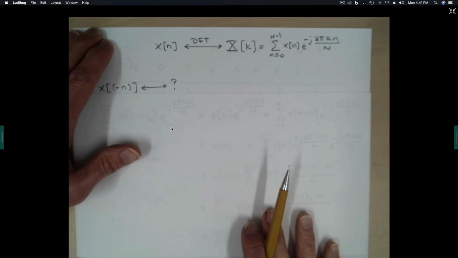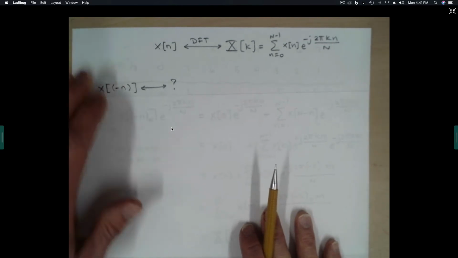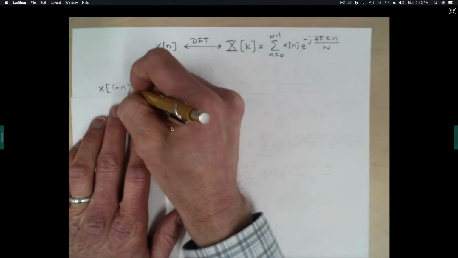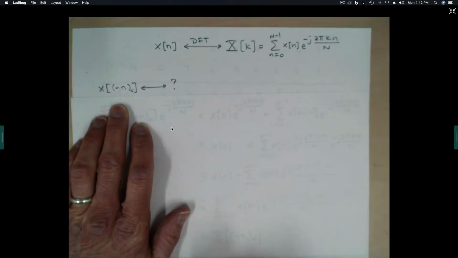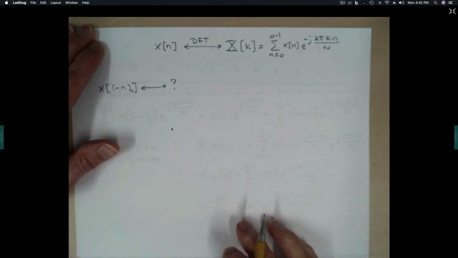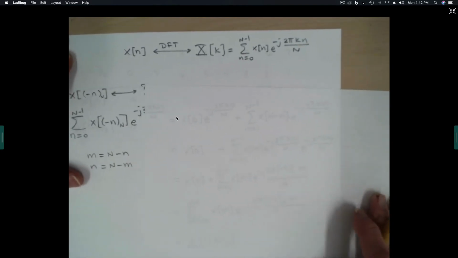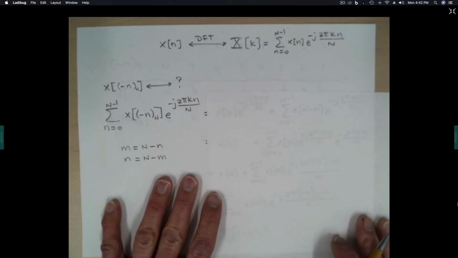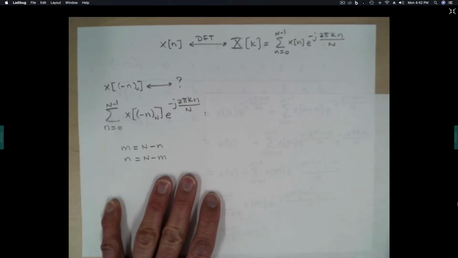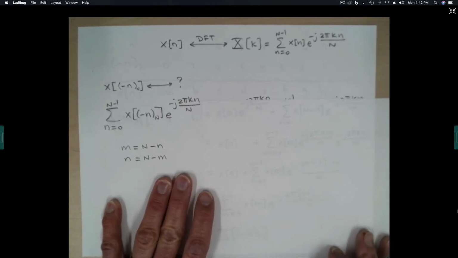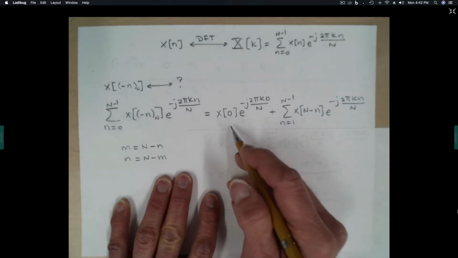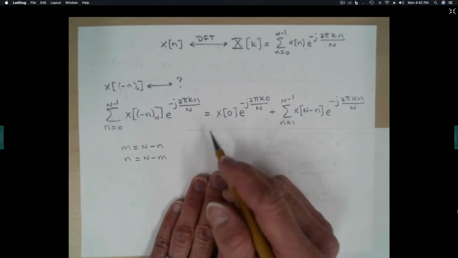Now if we start to dive in and ask the question, what is the DFT of a circular time reversed version of our sequence? Well, to figure this out, what we're going to do is just simply plug into the DFT transform formula, and then let's go ahead and start by pulling out that first sample from the sum.